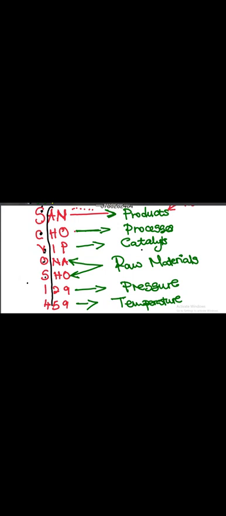This is another column. A represents ammonia. So ammonia is manufactured by a process called the Haber process.